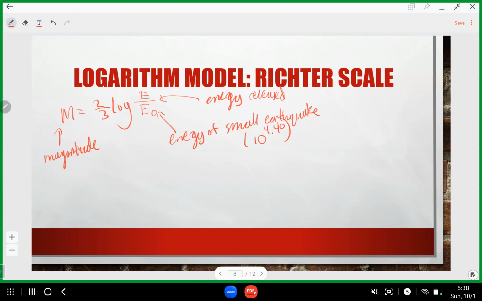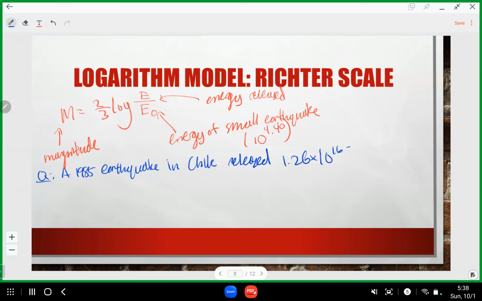So now let's calculate some problems. So our first problem here is a 1985 earthquake in Chile released approximately 1.26 times 10 to the 16th joules of energy, and what is the magnitude, rounded to 2 decimal places?